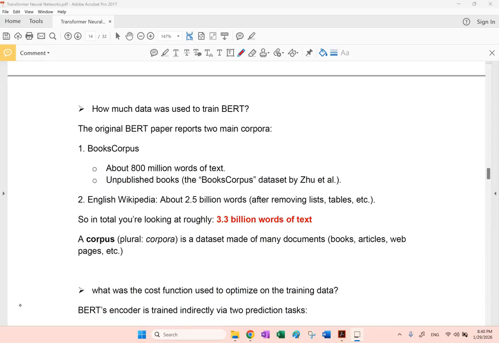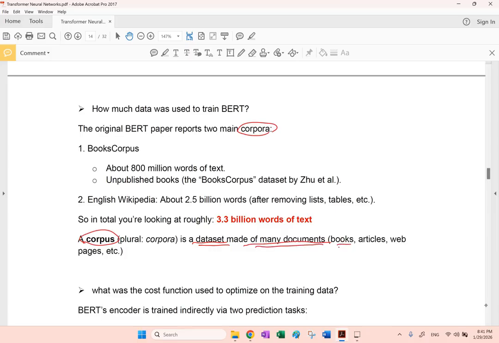So how much data was used to train BERT? Well, the original paper said there were two sources, or what we call corpora, for training. Okay? And corpora is the plural form of corpus. What is a corpus? A corpus is a data set that can come from many different types of documents.